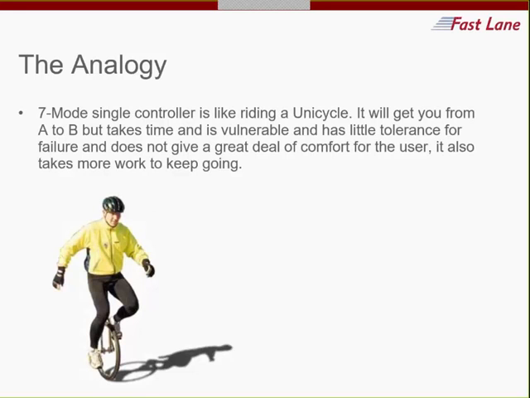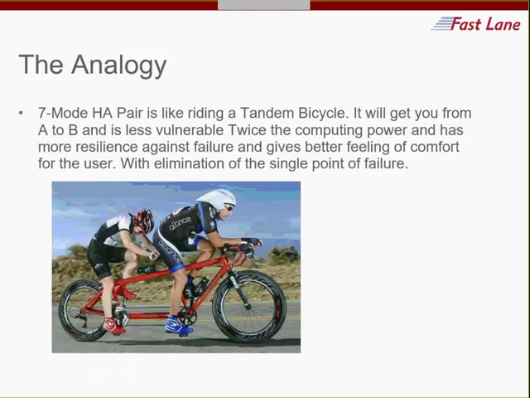So with a lot of customers, they move from a single controller to an HA pair. When you move to an HA pair, it's now like riding a tandem bicycle. You've now got 2 engines that work together and will look after each other. So if one engine fails, or one controller fails, then the second controller takes over.